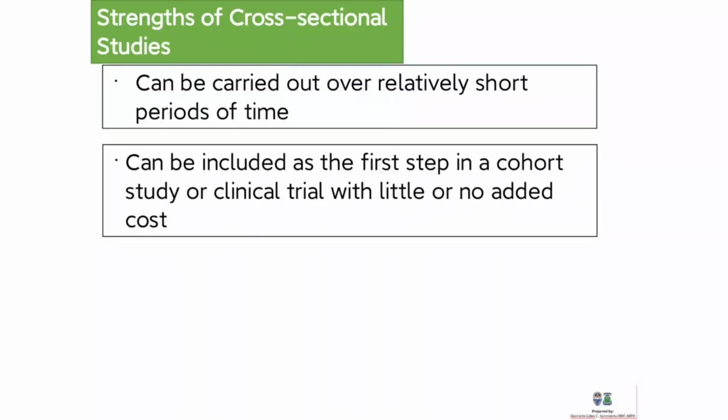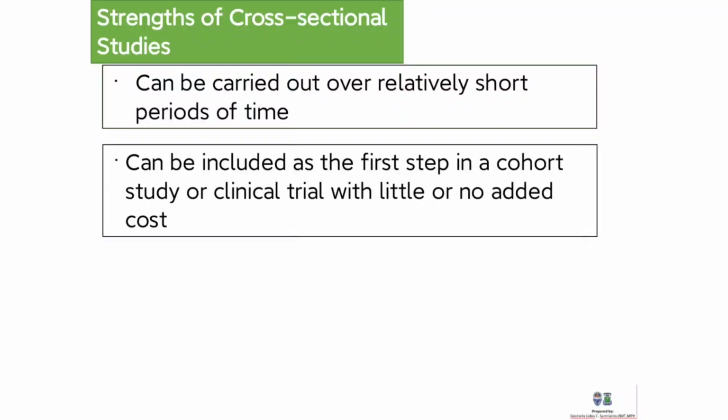Second one, it can be included as the first step in a cohort study or clinical trial with little or no added cost. Again, ito yung pinaka-importante. Earlier, ano ba yung sinabi ko kanina? Dun sa uses ng cross-sectional studies, yung pinaka-importante is you establish a baseline data.